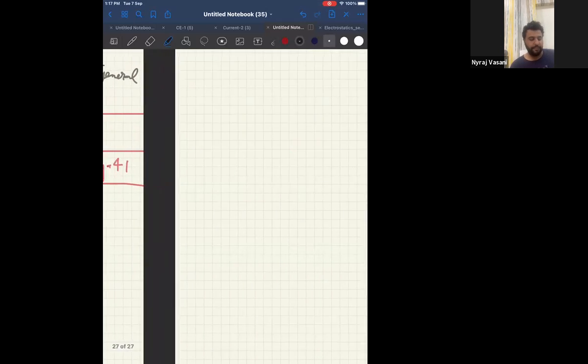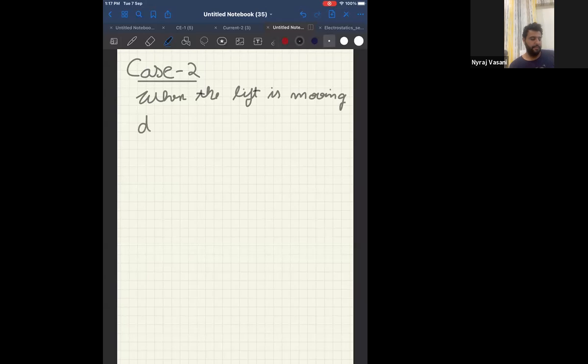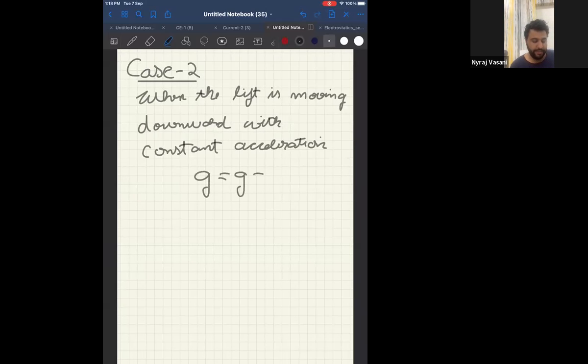Now, when the lift is moving downward with constant acceleration, that time can I say my g will be equal to g minus a, because when the lift was going up, it was g plus a.